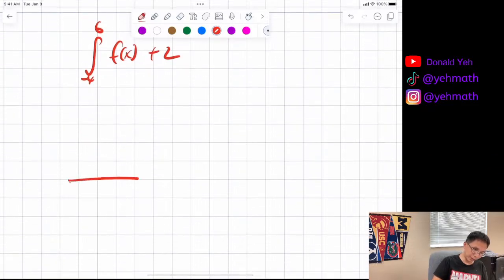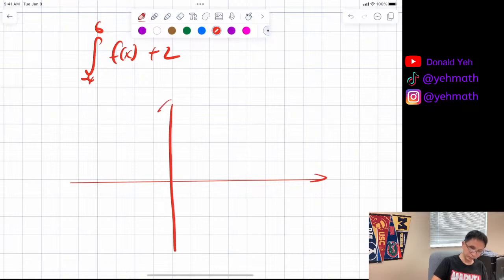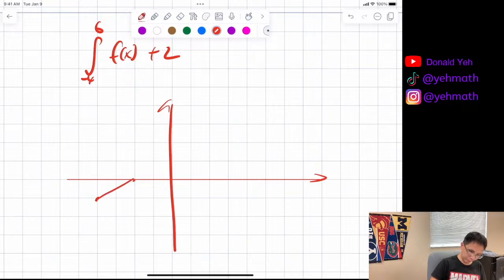So let's graph this. Yeah, your screen's closed. My bad. So the graph is something like this, negative 1 here.